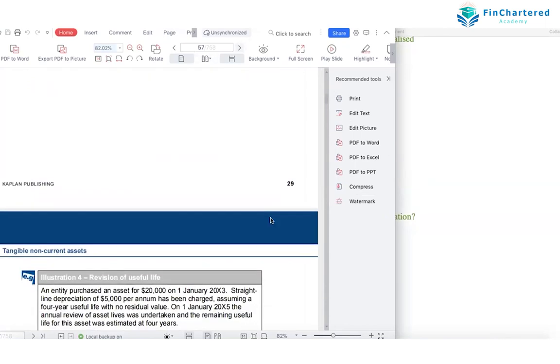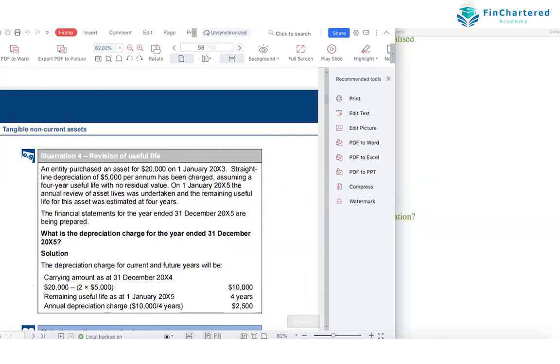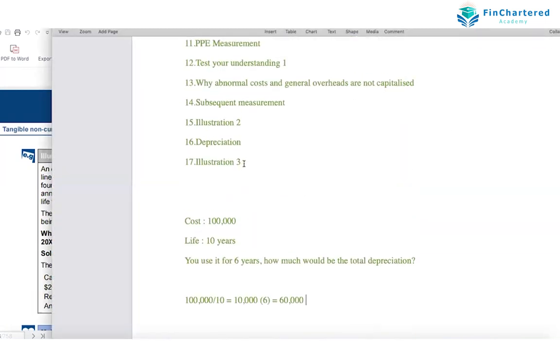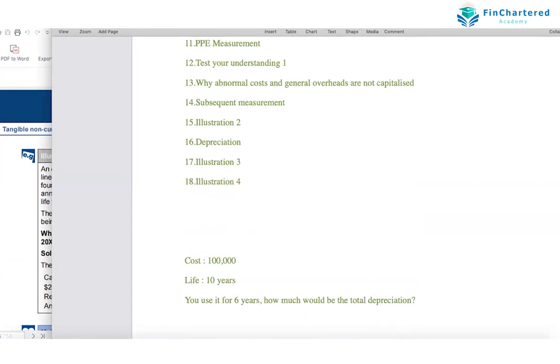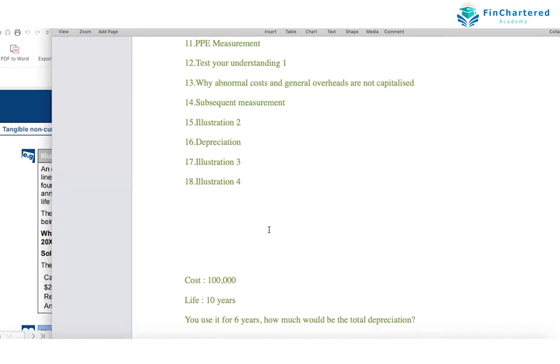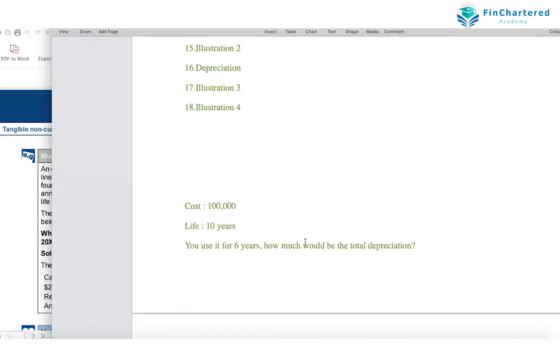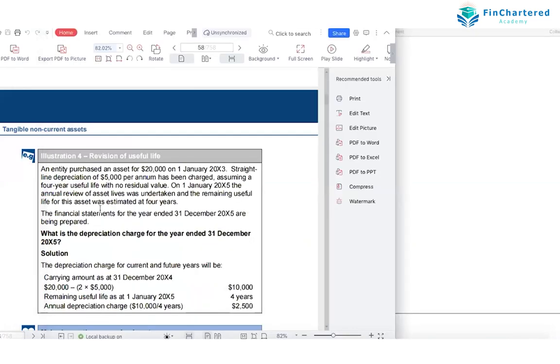Now, guys, let's look at illustration 4. What is illustration 4 talking about? An entity purchased an asset for 20,000.